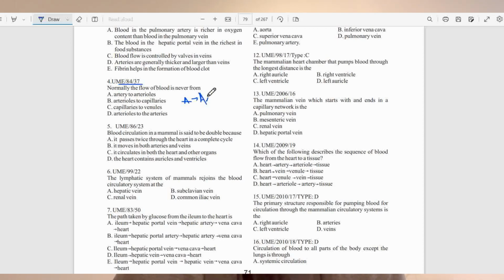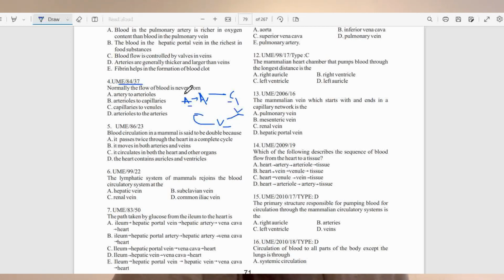So you have arterioles, and then you are moving from there to capillaries. And from capillaries, you have venules, which are smaller veins. And from venules, you have veins. And then the blood moves back to the heart. So you have artery, arterioles, capillaries, venules, vein, and back to the heart.